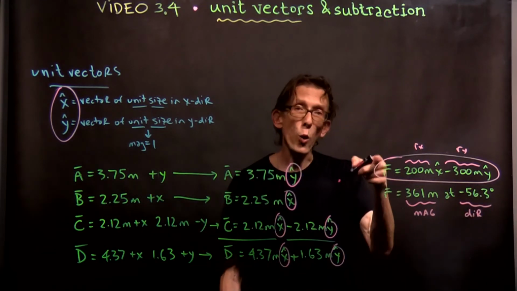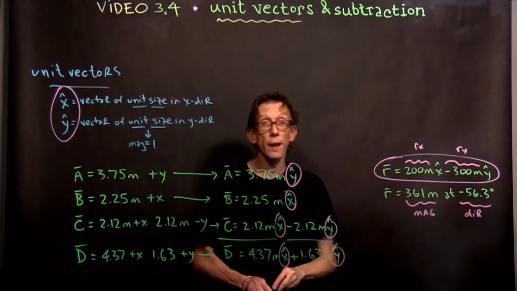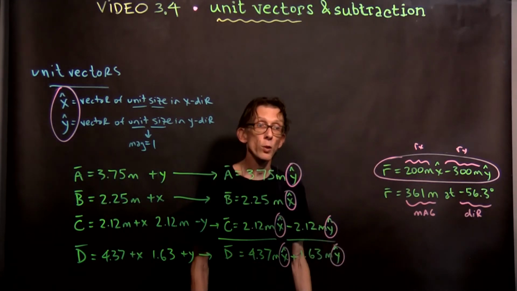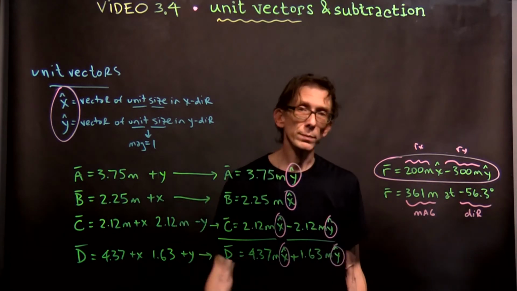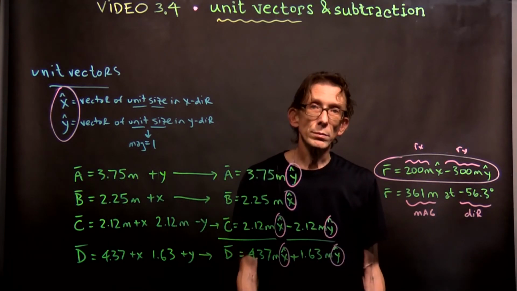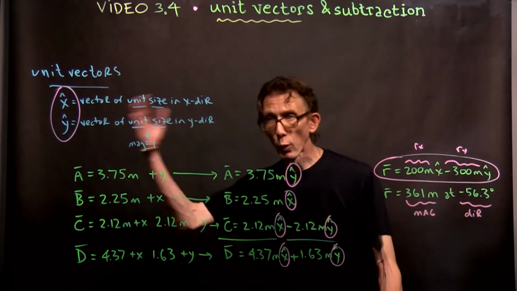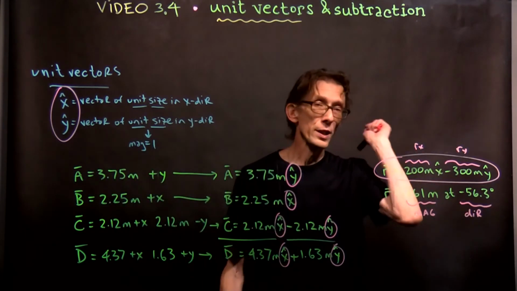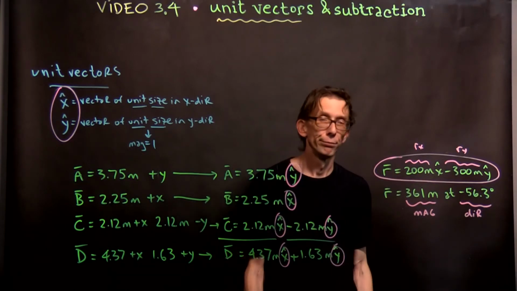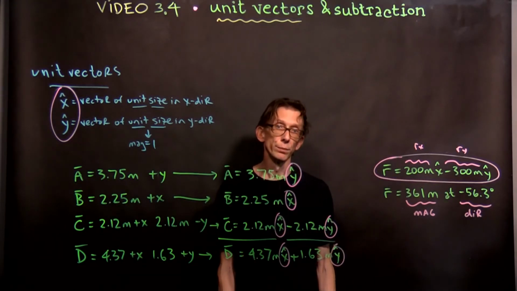These are two equivalent ways of writing the same vector. If I asked you to give me the vector R, displacement vector from the old courthouse to Victory, either one of these would be perfectly fine. Okay.